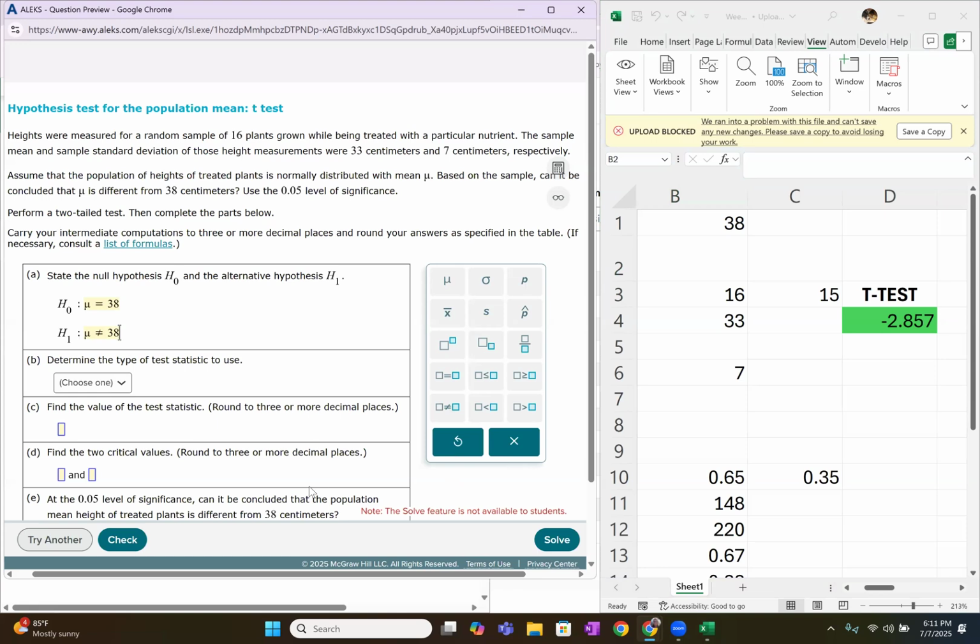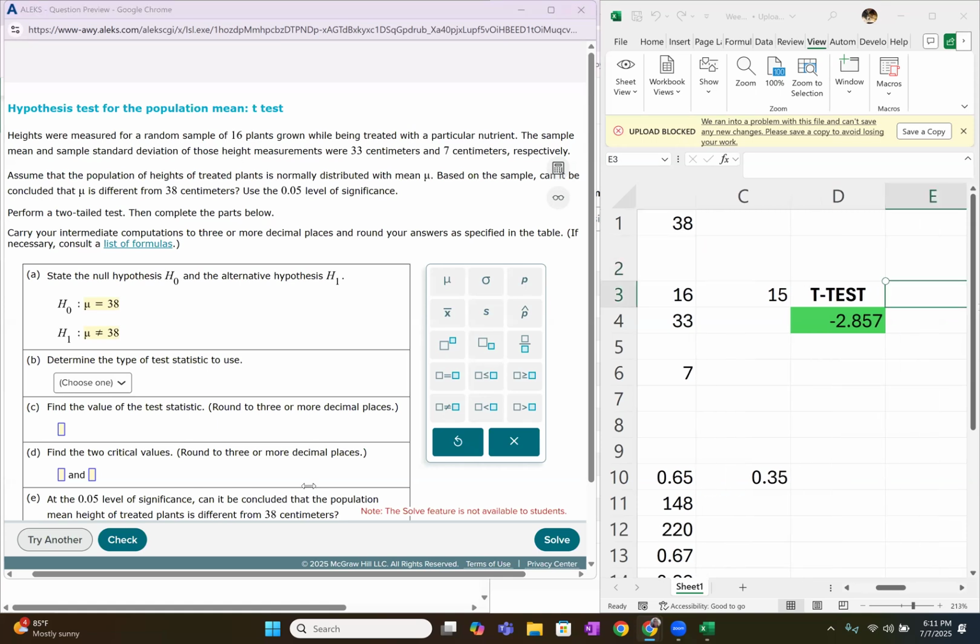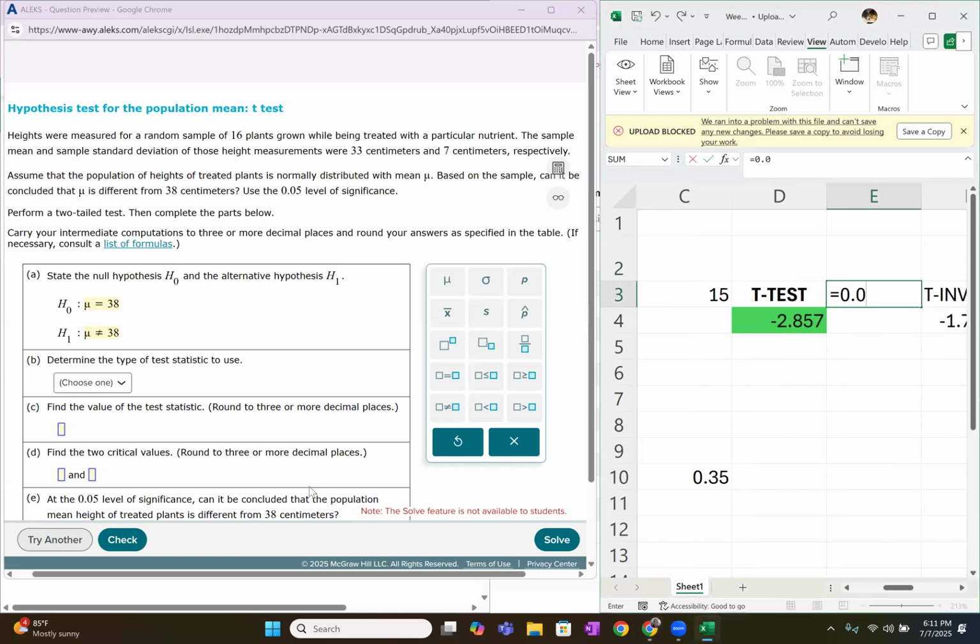Why do we use not equal to? Because it's different from 38 centimeters. It's different. That's all we know. And this 0.05 level of significance is not going to be 0.05 because it's two-tailed. We're going to go alpha equals 0.05 divided by 2, which is going to be 0.025, or it's going to be equal to 1 minus 0.025. It's going to be one of those two values.